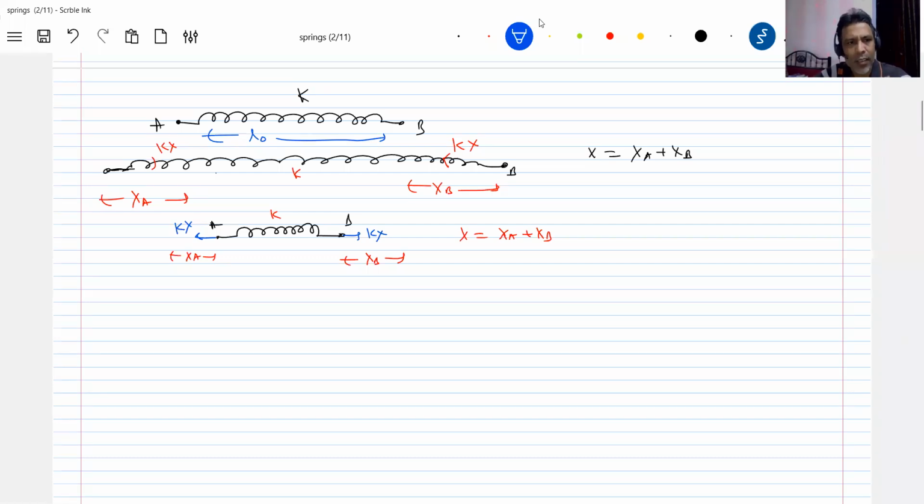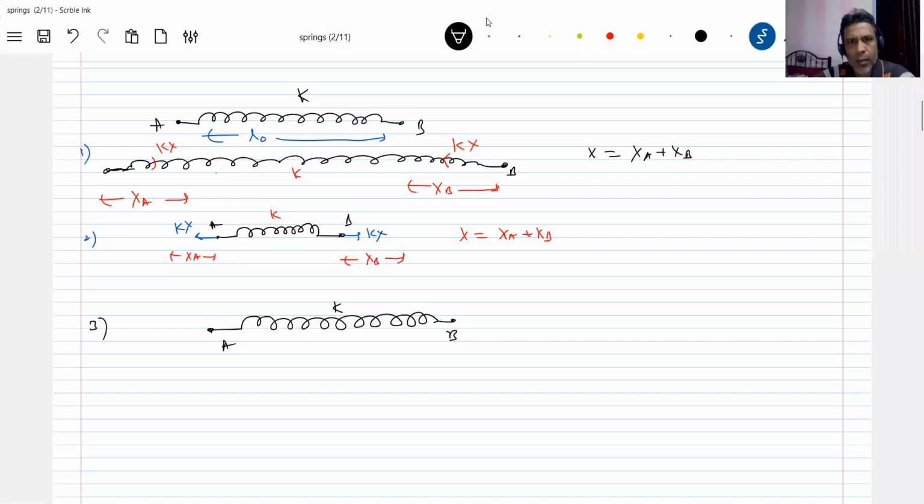Okay, now there's the first case. You see, now a situation arises for you like this, compared to this, so end A. Now I'll make the end A undergo displacement. Even the end B undergoes displacement.